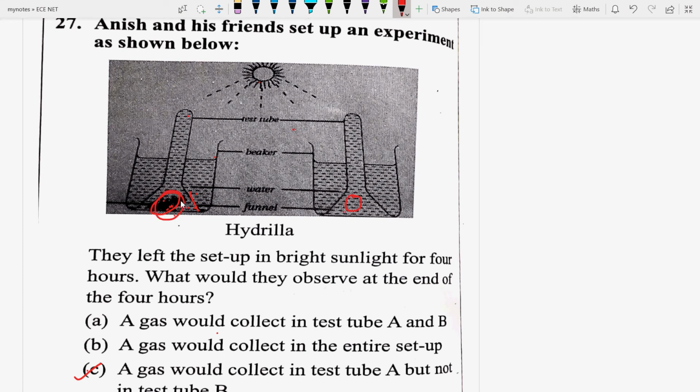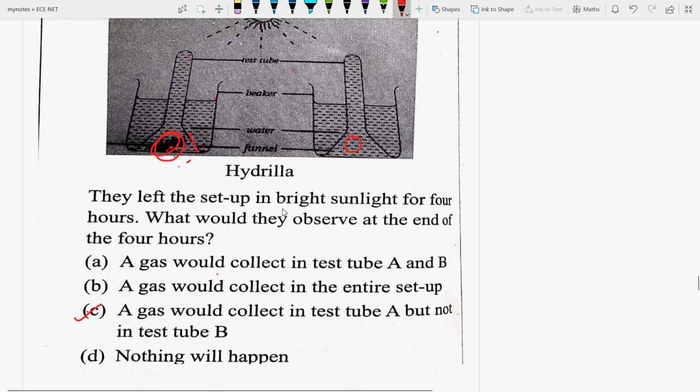Something, some gray particles or some kind of insect I can see. So as soon as you stop the process and expose the entire setup under bright sunlight, you will observe that a gas slowly collects in test tube A but not in test tube B.